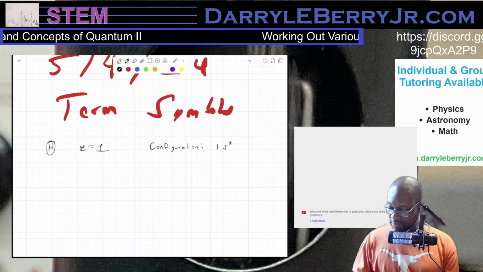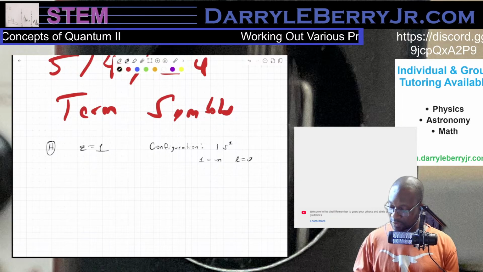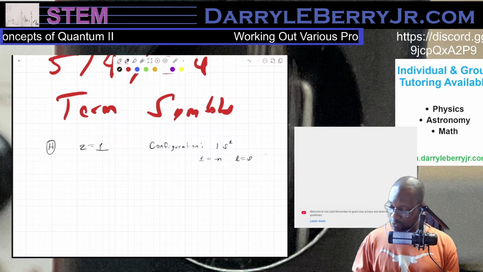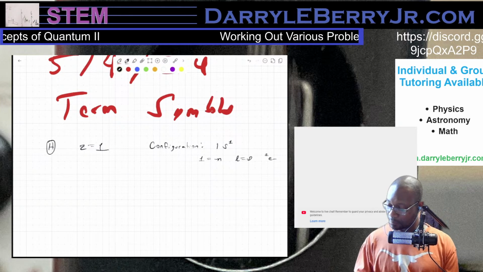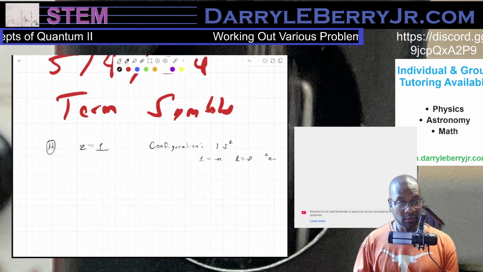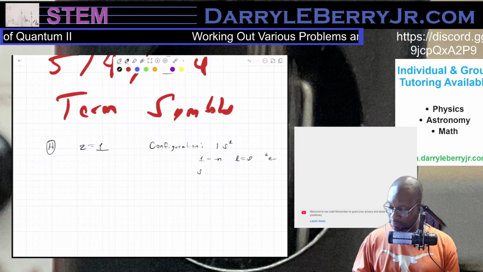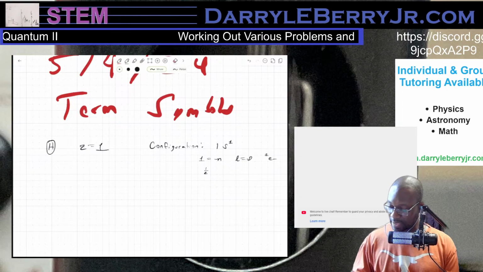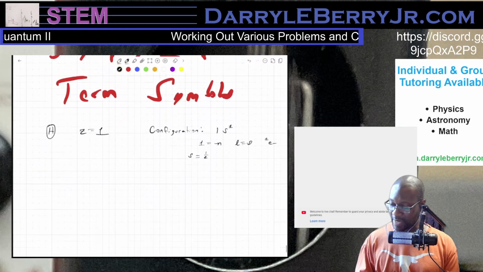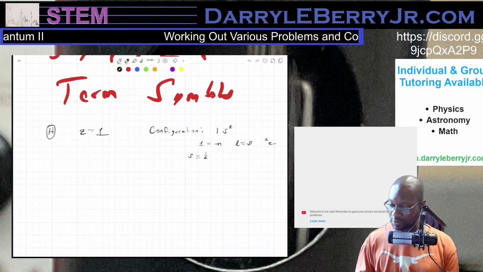So my understanding is n equals 1, s means L equals 0, and the superscript 1 means that there's 1 electron. So the L is 0. The electron contributing to the spin, if we ignore anything else, is 1/2, because the electron is a 1/2 spin particle, and there's one free electron.